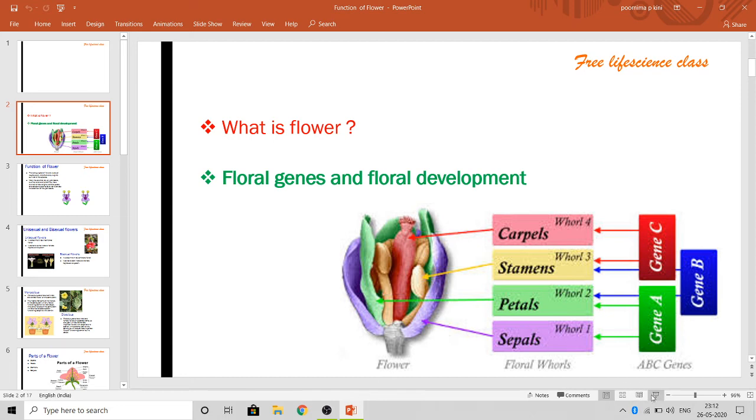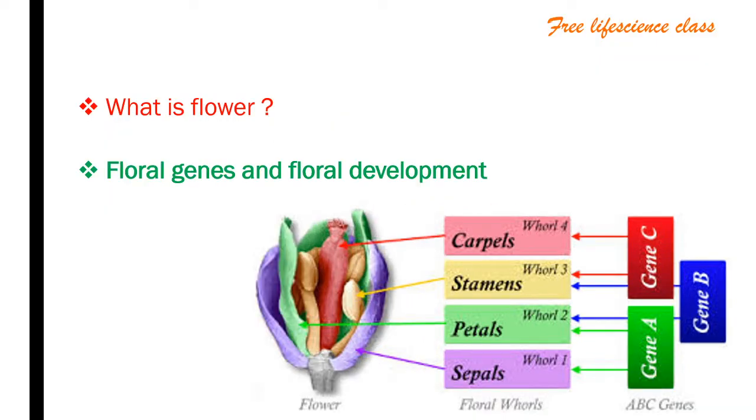Yes, we are going to take the topic what is a flower, and about floral genes and floral development. So basically, a flower is a part of a plant. It is the most attractive part of the plant.